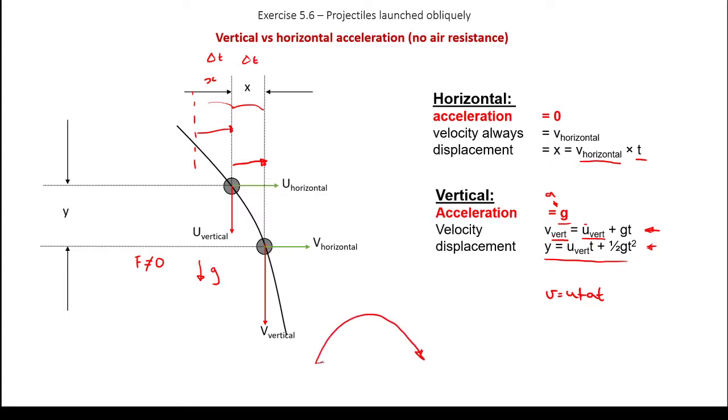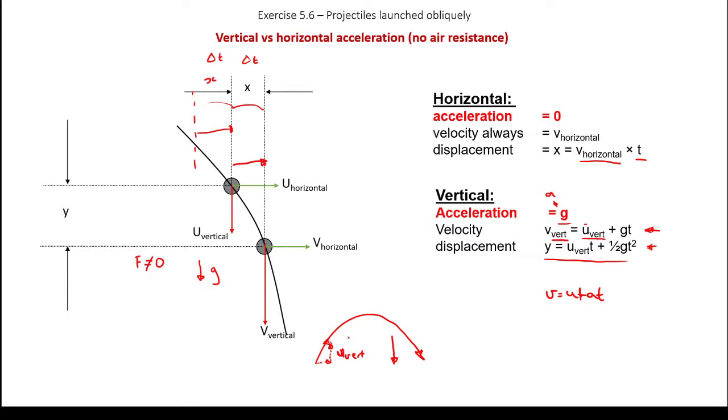And on the next slide you'll see we can break this initial component down into a horizontal and a vertical. This vertical here, this u vert, the initial component, is in the opposite direction to what gravity is acting. So you need to pick one of these two as positive.